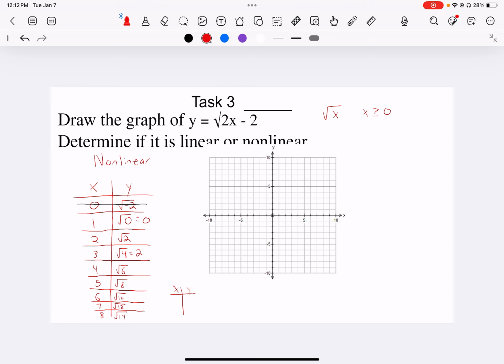I'm just going to continue over here. 9 gives me the square root of 16, which is 4.